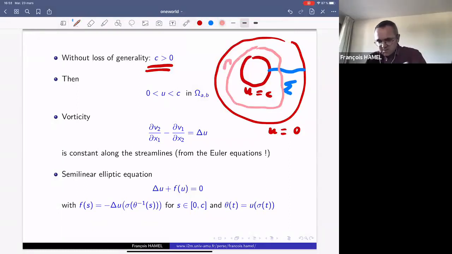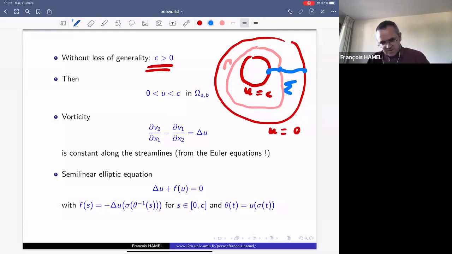Since little u is increasing along sigma from this point to this point, on any streamline which is in the open annulus, the value of u along gamma is equal to the value of u here, which is strictly between 0 and c.